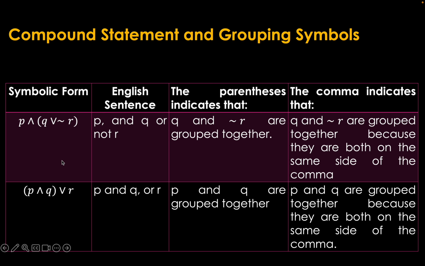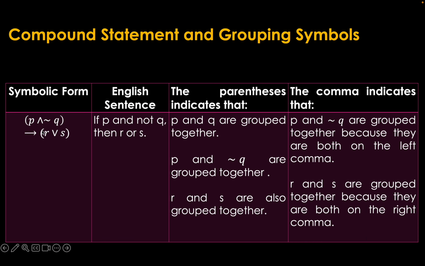And then in symbolic form, P and Q or R is, in English, P and Q, or R. The comma indicates P and Q are grouped together because they are both on the same side of the comma.